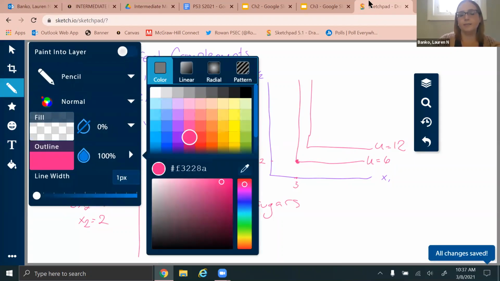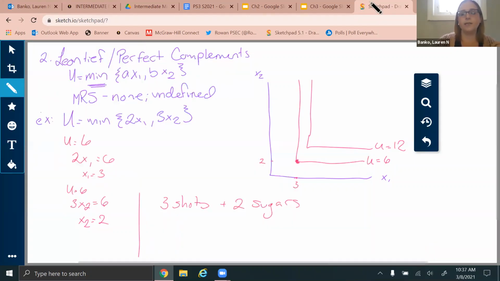Now, for instance, let's say I get a barista that doesn't hear me right, and they give me 4 sugars with my 3 shots. Well, at that point, 3 shots of espresso and 4 sugars, I'm still on the same utility function.